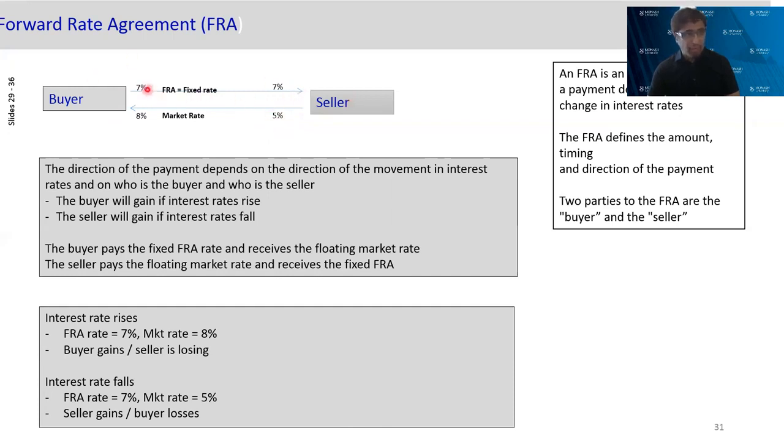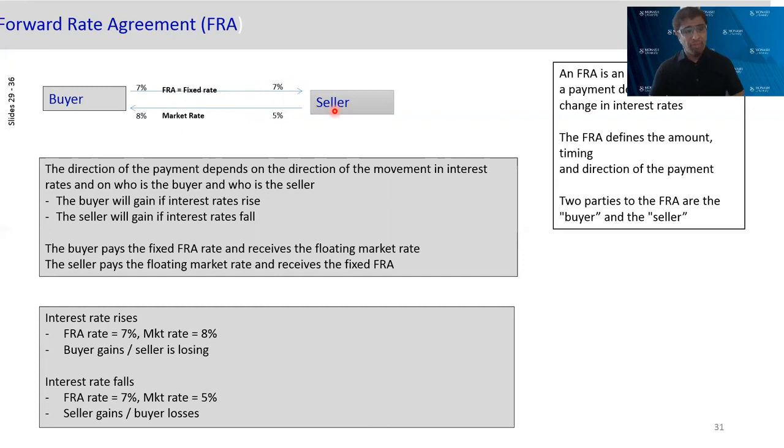Either way, from the buyer's perspective, who is actually interested in hedging these changes in the interest rate, whether the market will be 8% or 5% or any other number, he will always have to pay the 7%. His obligation is 7%, because in this case, if the rate goes down, he will pay 5% to his physical market and 2% to his counterpart in this FRA contract.